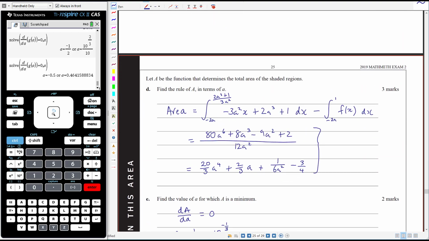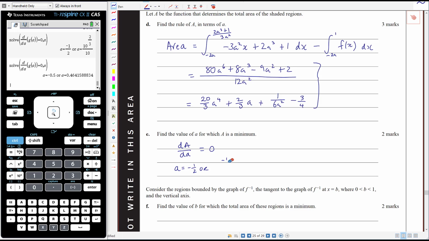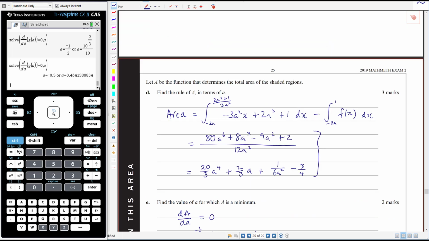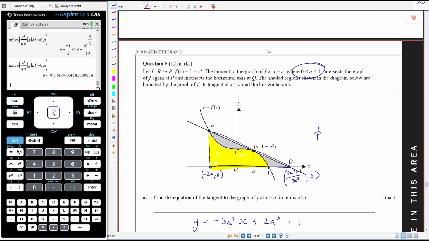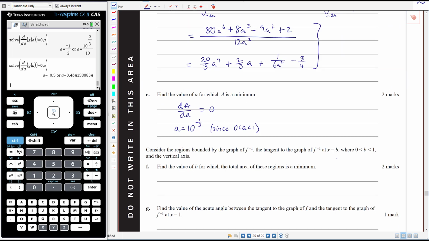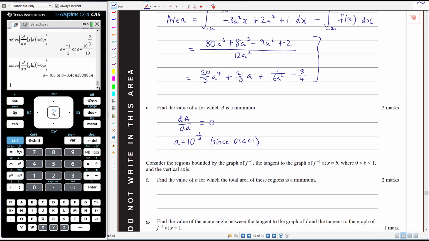Let's just check that. Yeah. So I'm just going to write that one, 10 to the power of negative 1/3, since a is somewhere between 0 and 1. I'm not sure if it was inclusive. Let me just check. No. Okay, so that's the value of a for which the area is a minimum.